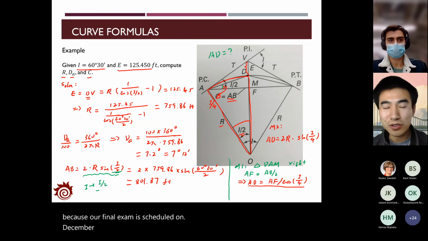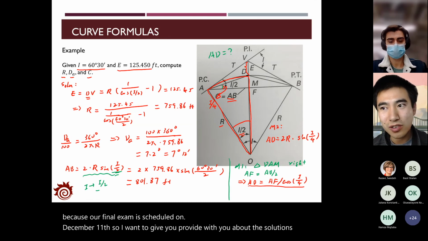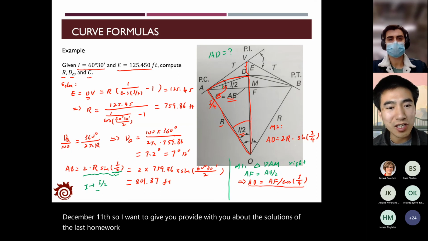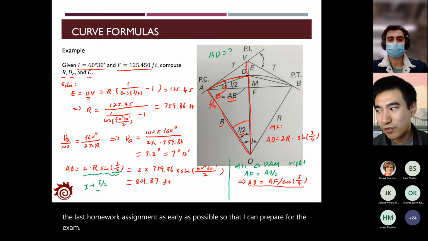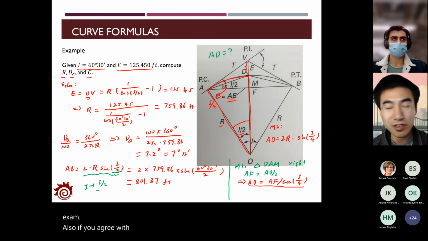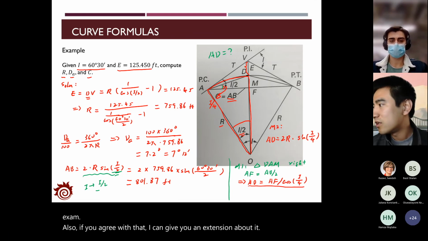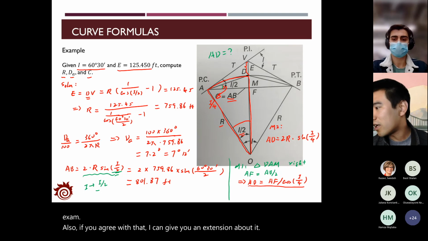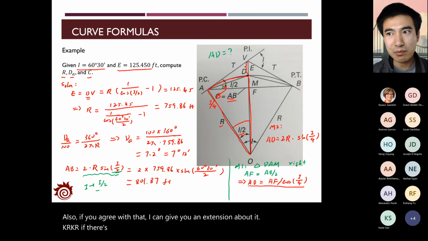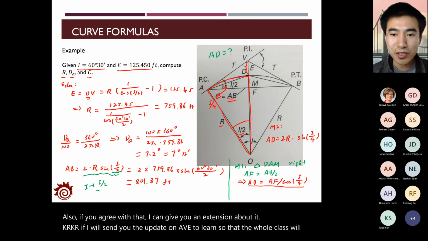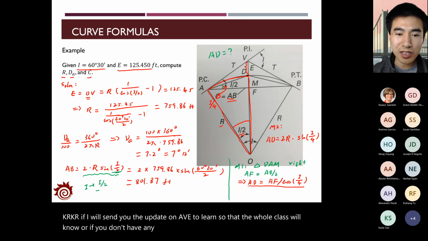So I want to provide you the solutions of the last homework assignment as early as possible so that I can prepare for the exam. If you agree with that, I can give you the extension. I will send the update on Avenue to Learn so that the whole class will know.